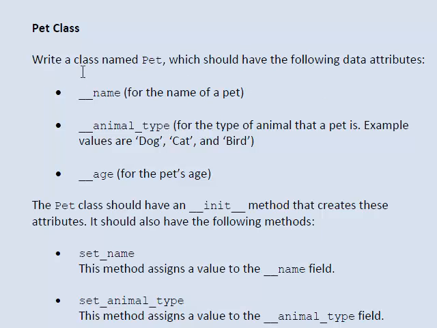So we're told to write a class named pet, which should have the following data attributes: name, animal type, and age.